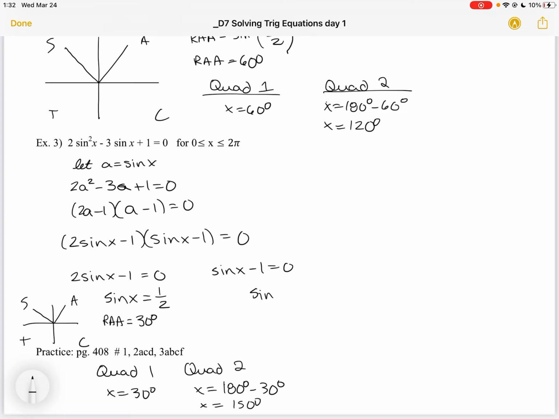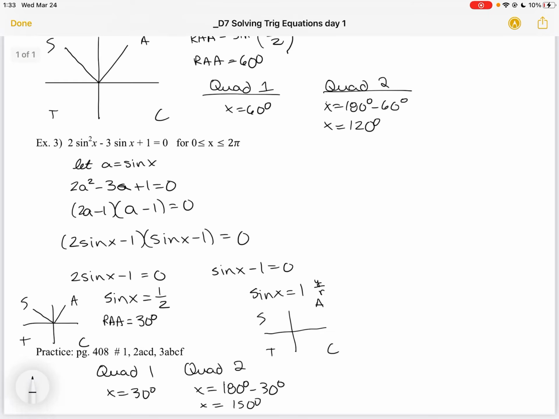My second expression here, now I've got sine x is equal to 1. So I am looking for the values here, not so much where sine is positive, but I'm looking for where my y value in my sine ratio is at a maximum. That is going to happen really at only one place.